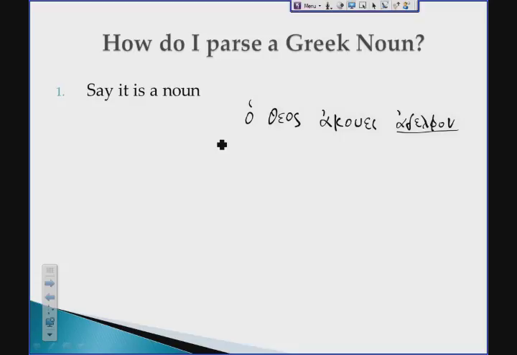And I say, parse it for me or analyze it for me. Now, this is what you are going to say to me. The very first thing, remember my study outcomes, is to identify it. You must recognize it and tell me this is a noun.